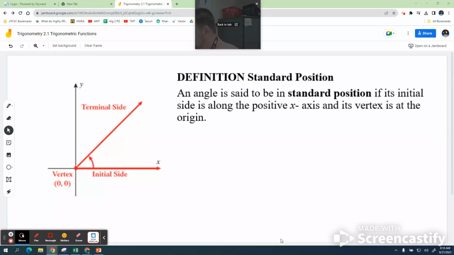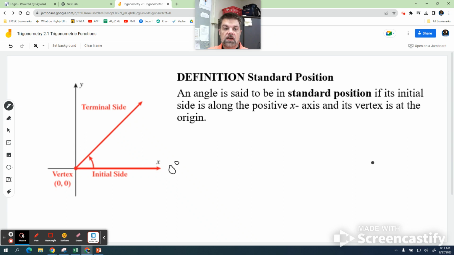Right, so we're going to talk about angles with regards to the XY plane, okay? We're always going to start here on the x-axis between the first and fourth quadrant.